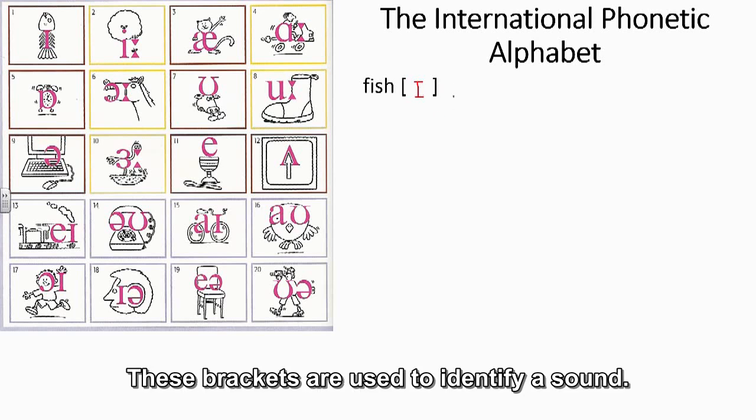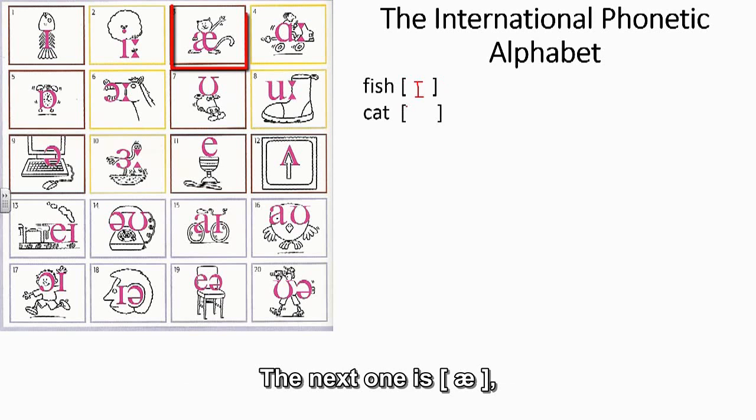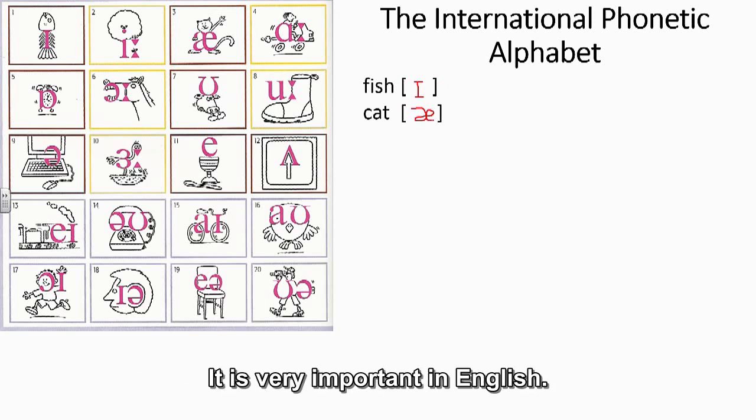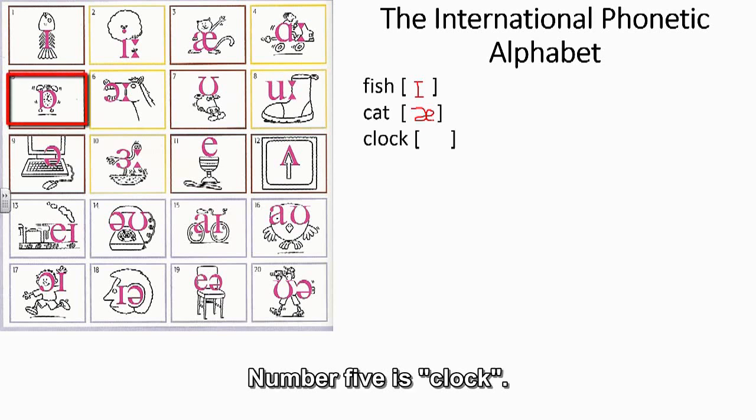These brackets are used to identify a sound. The next one is a fat symbol. It is very important in English. Number 5 is clock.